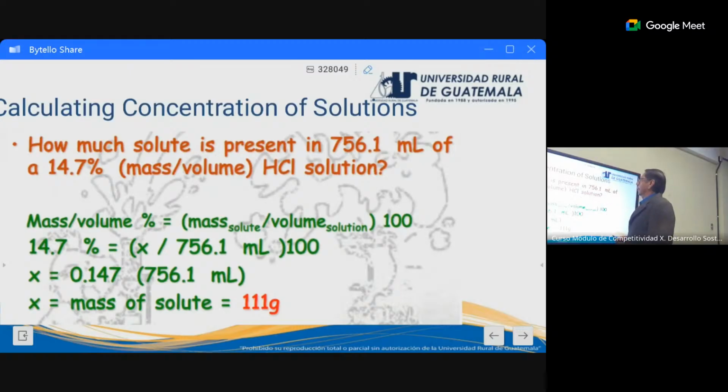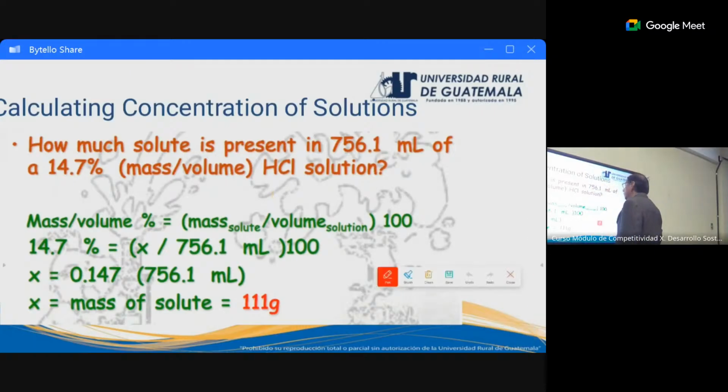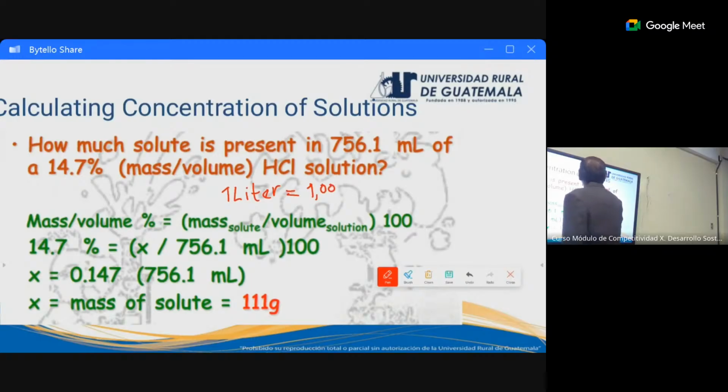So, first of all, remember that 1 liter is equal to 1,000 milliliters.